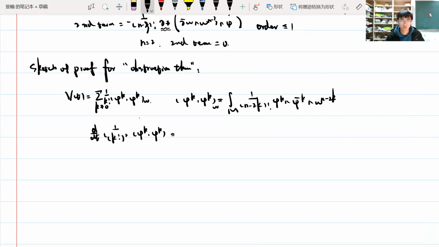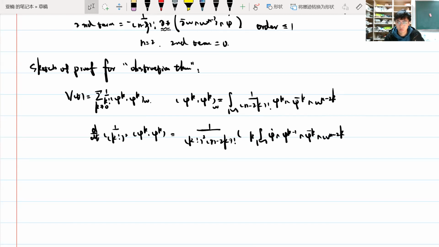It's just factorials of n minus k. We derive this, and in its computation we will derive omega.